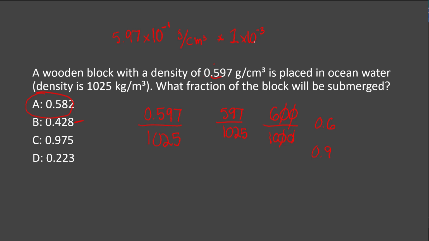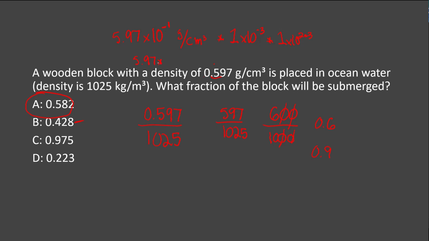Because there are 10 to the minus 3 kilograms in a gram. And then we would do times 1 times 10 to the 2, because that's how many centimeters are in a meter, right? There are 100 centimeters in a meter. And then that times 3, because of course we're dealing with cubed, right? So 2 times 3.